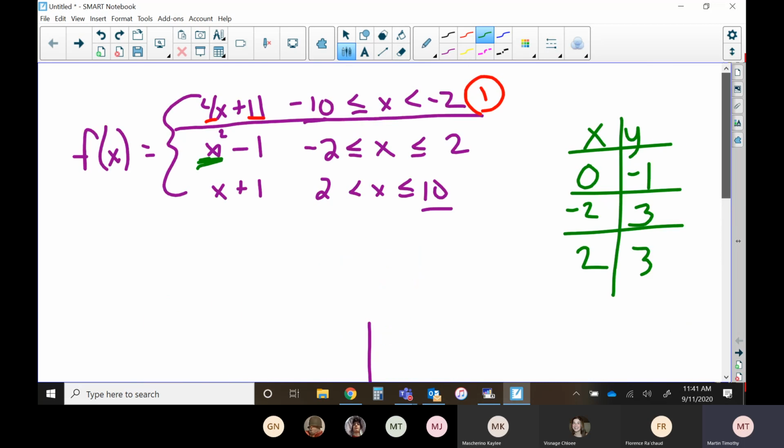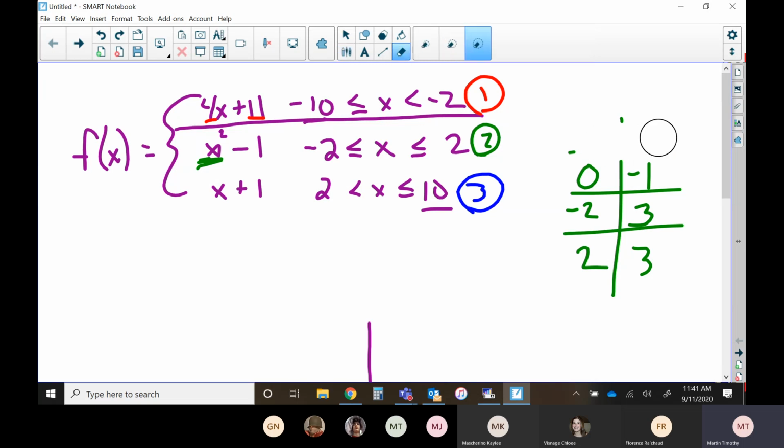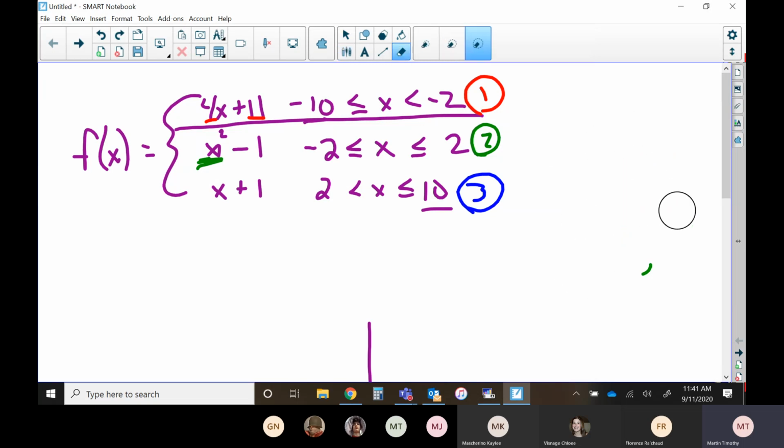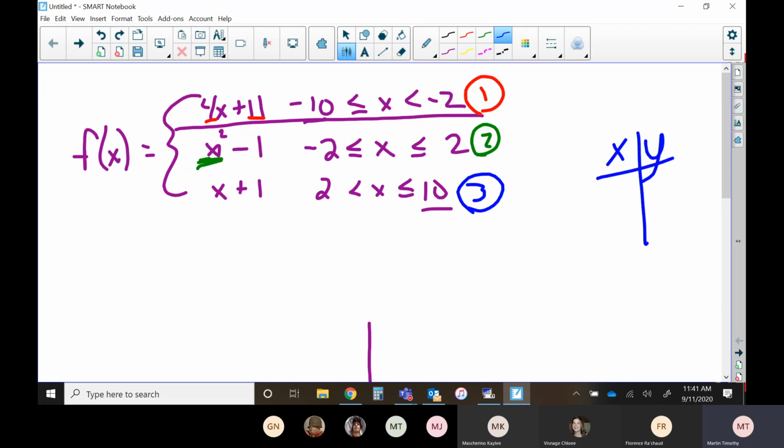And then finally, we're going to finish this off with the third piece in blue, which is a line again. So I'm going to just do the endpoints for it fairly quickly. X and Y, what am I going to put in? 2 and 10. I plug a 2 in, 2 plus 1 is 3. 10 plus 1 is 11.